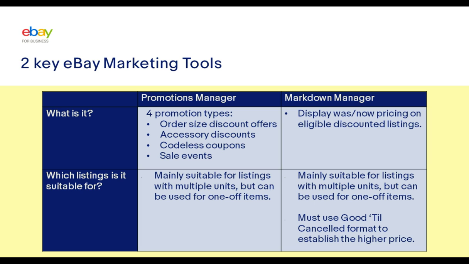Now, in order to make a price comparison on eBay and on any other platform, you need to have sold the item for a certain amount of time at that higher price before you can show a discount. And only the good till cancel format on eBay allows you to do that because it rolls over each month. And so it's counting all the time that that item has been on sale as part of the price establishment period.